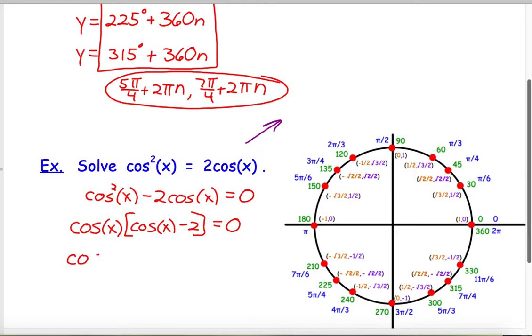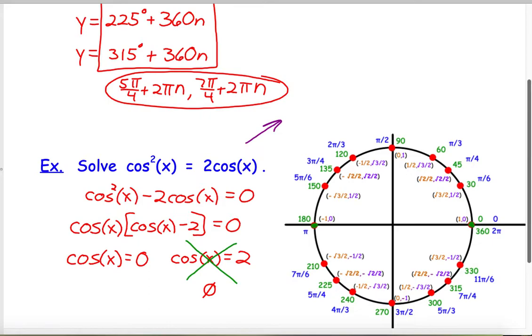The cosine of x is equal to 0, which I would have lost that potential solution had I divided both sides by cosine to start with. And then I also have cosine of x minus 2 equals 0, which means cosine of x equals 2. Well, right away you should stop and think for a moment, and the cosine of x could never equal 2. The cosine takes on values between negative 1 and positive 1. So there's no solution for that.